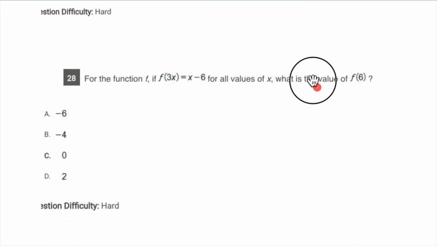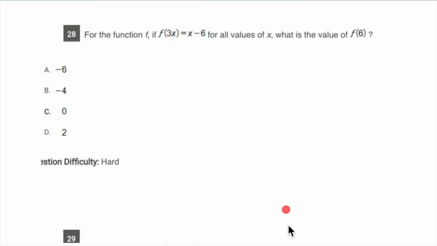All right, another function problem. For the function f of 3x equals x minus 3 for all values of x, what is the value of f of 6? Well, if we put 6 in to this equation, if you just put 6 in where the x is, you would get 3, which is not the right answer, by the way.